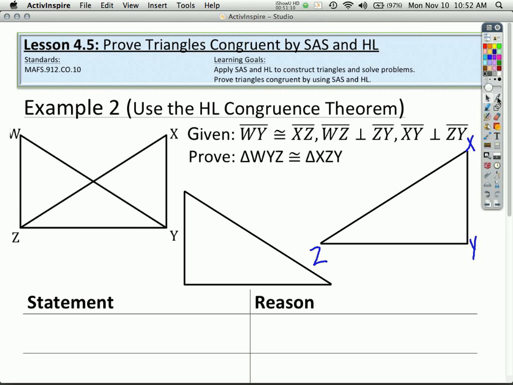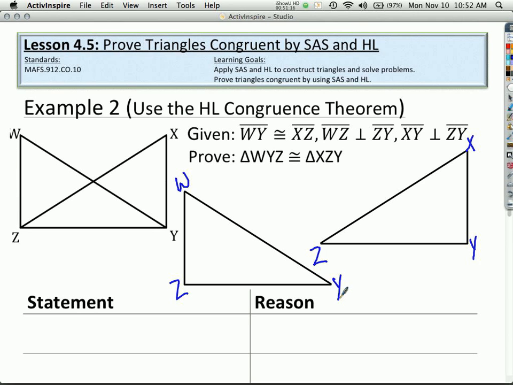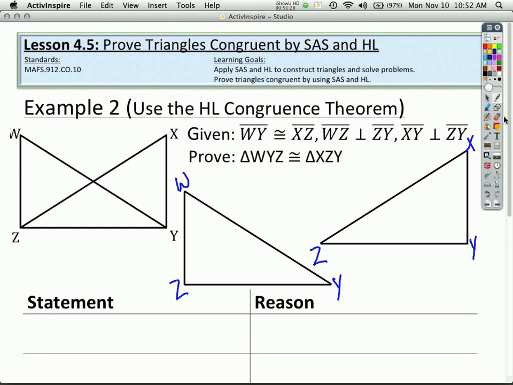And so now that is W, Z, Y. So maybe that would help. Maybe you could even take it a step further and flip the triangle around so that they were both facing the same direction. So you can match things up a little bit better. It's all up to what you can handle.